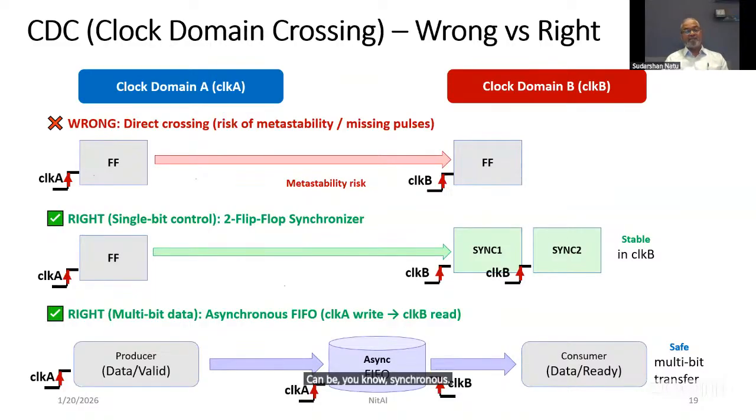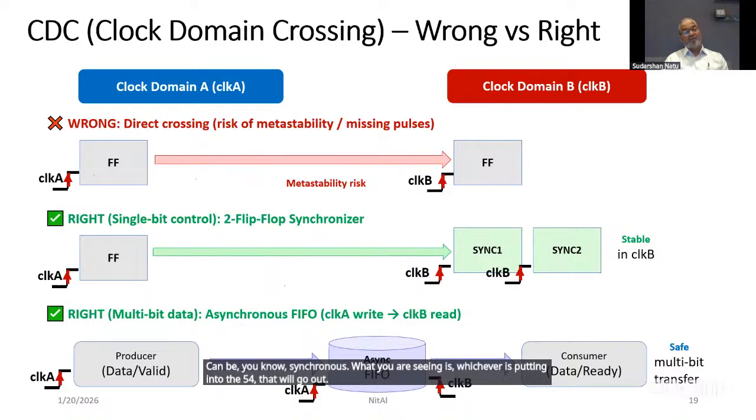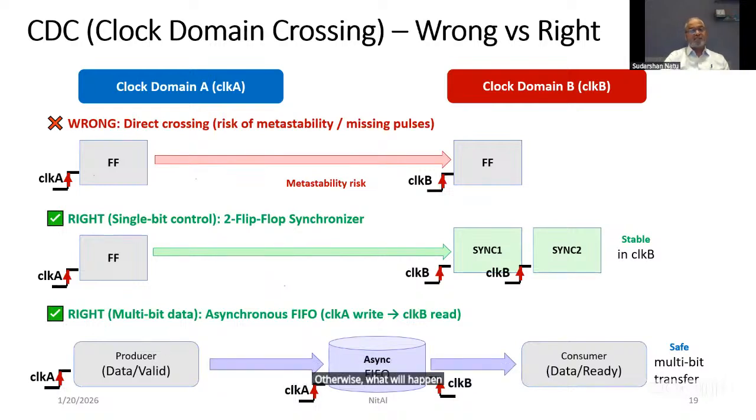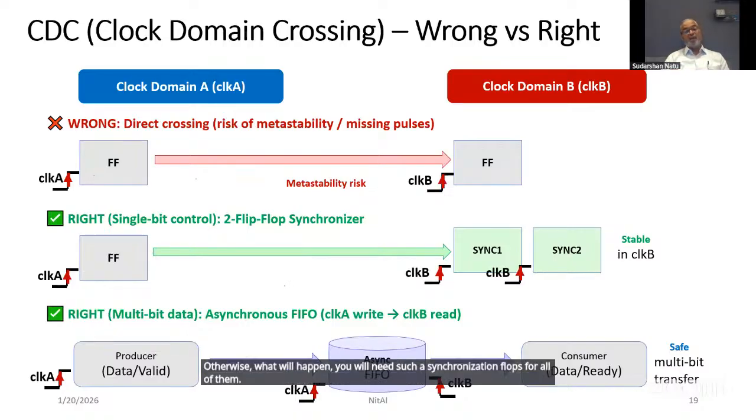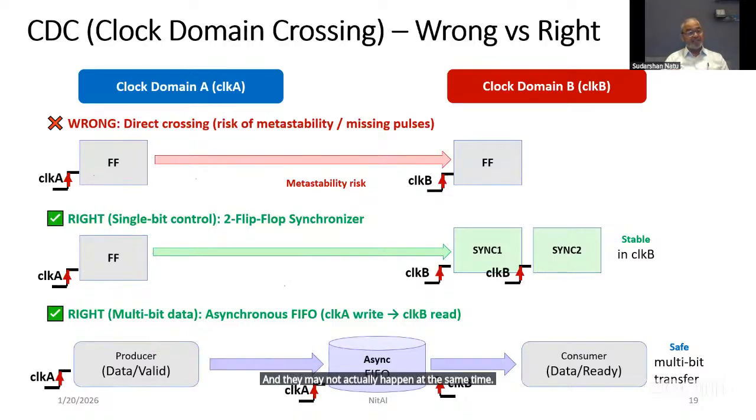Once this happens, the entire bus output can be synchronous. Whatever is put into the FIFO will go out. Otherwise, you will need such synchronization flops for all of the bits, and they may not actually happen at the same time. That is a challenge, right? For a single bit it is okay.